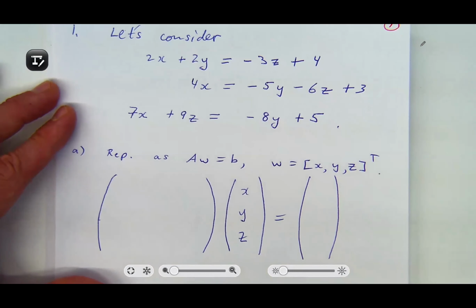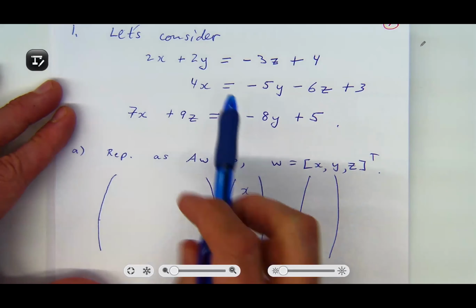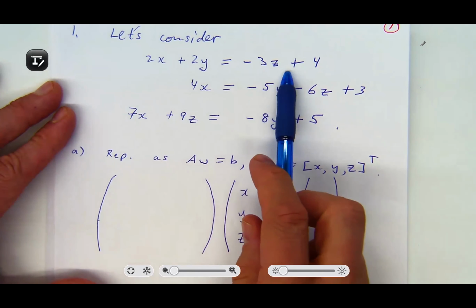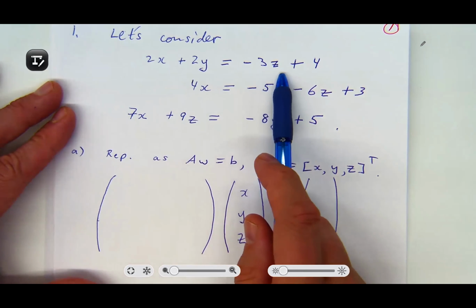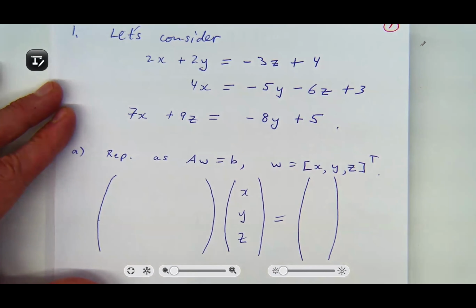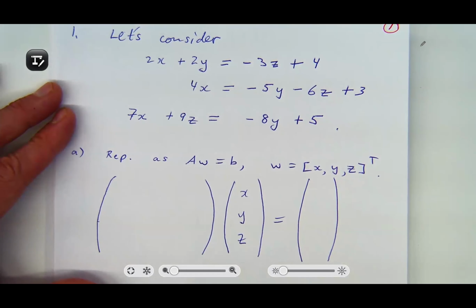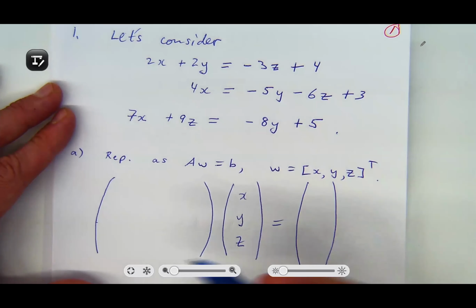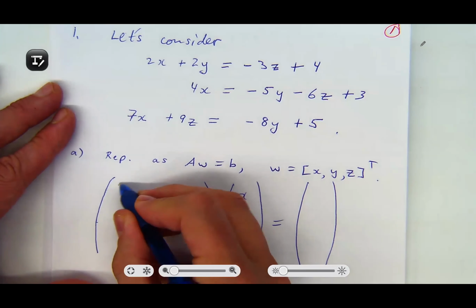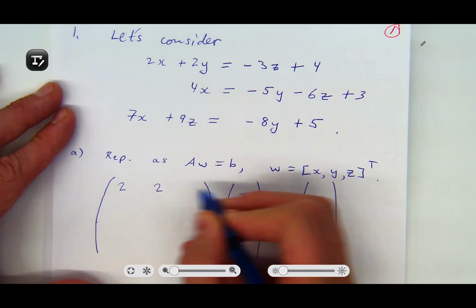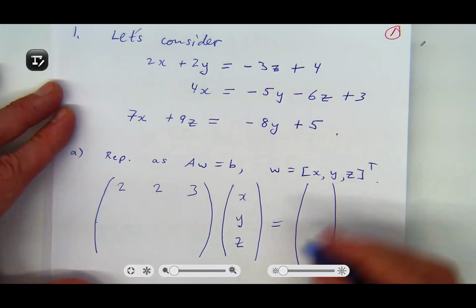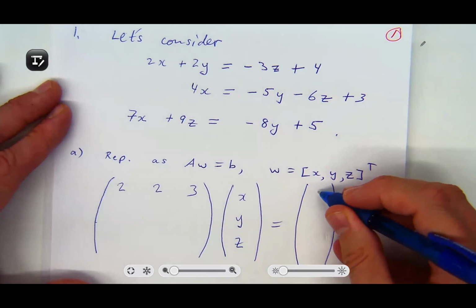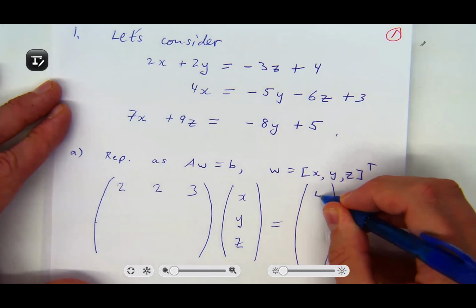Okay, good. So now, if I were to do that with the first row, I would want to take the minus 3z over to the left-hand side, and I would have 2x plus 2y plus 3z is equal to 4, right? So the way I want to write this in a matrix form is I put the 2, the 2, and the 3 there, and over here on the right-hand side of the equation, as the first entry of B, I put my 4.